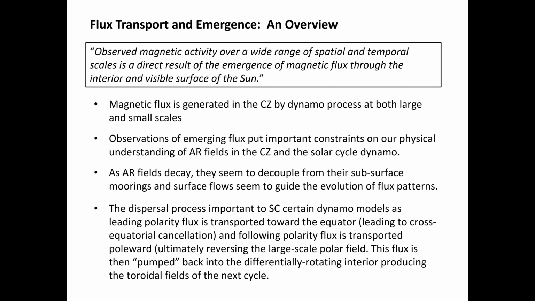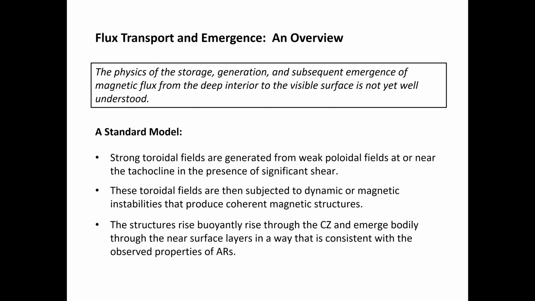And this flux is pumped back into the differentially rotating interior, producing the toroidal fields of the next cycle. That's one way to look at things. So the challenge really is to understand the physics of these processes well enough to make transformative progress in our understanding of the solar cycle dynamo.